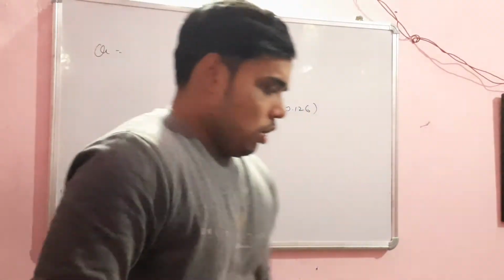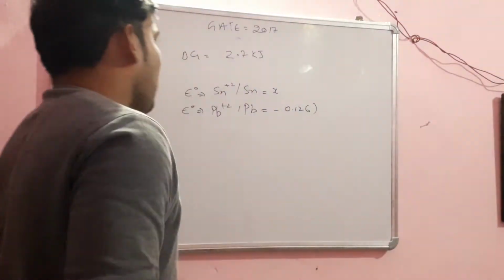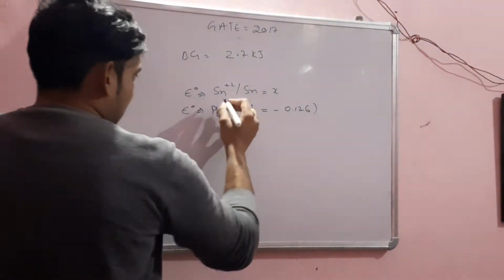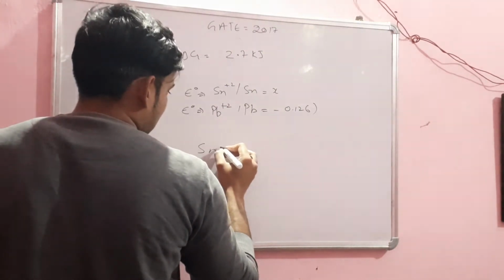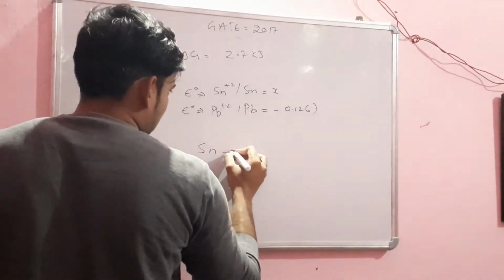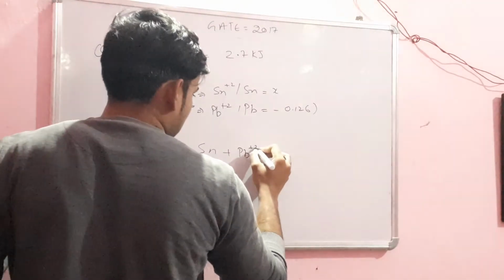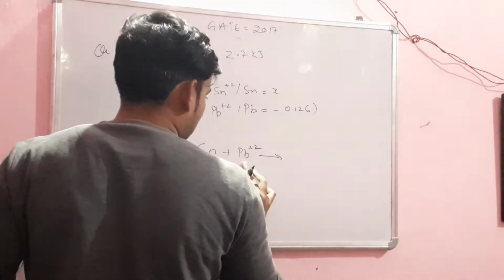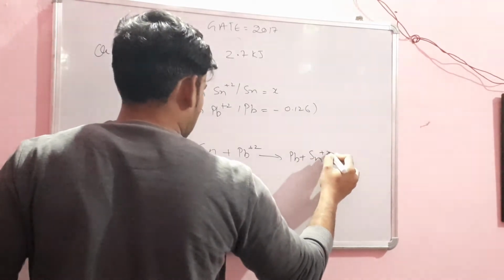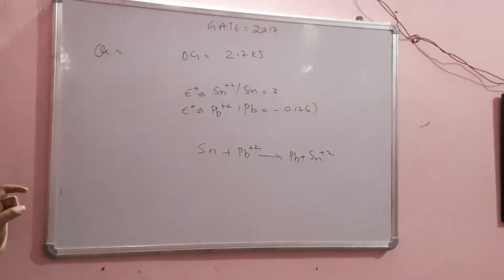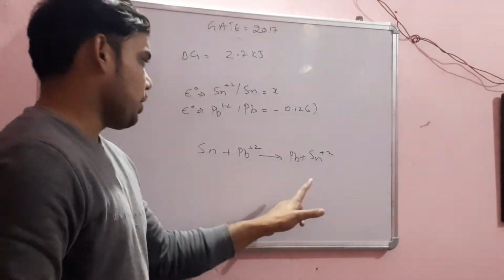Okay, so first thing you need to know is that the reaction which is given is like this. Pb plus 2 is converting to Pb, and Sn is converting to Sn plus 2. This is your reaction.